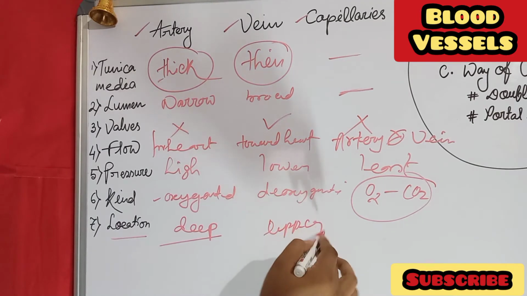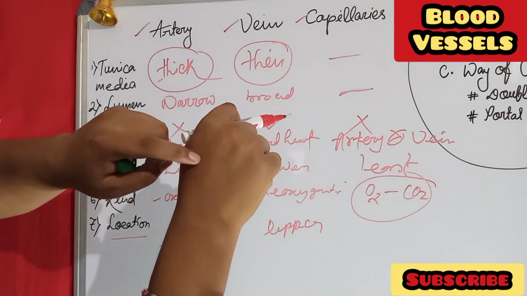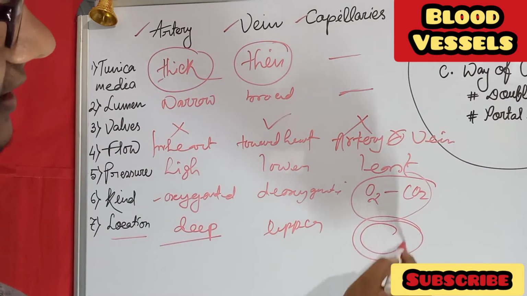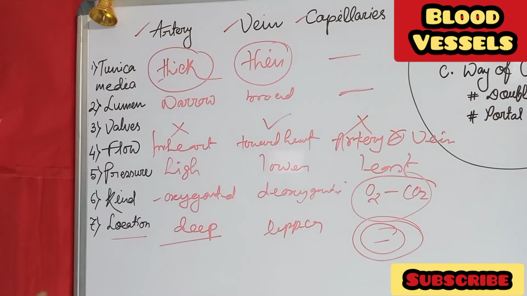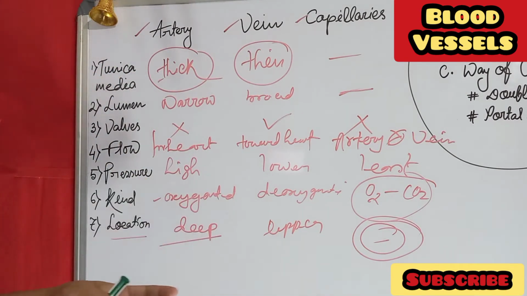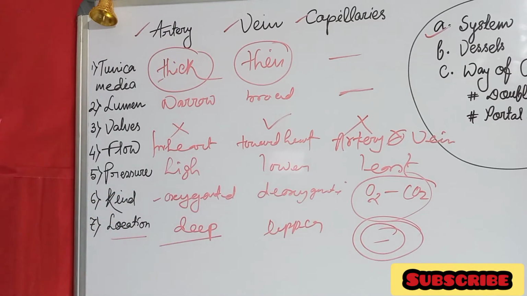That's why you can see them easily. See this blue color. The capillary is the way that connects both artery and veins, and it is basically located within the organs and throughout our body also.